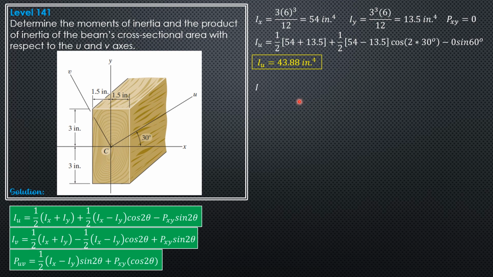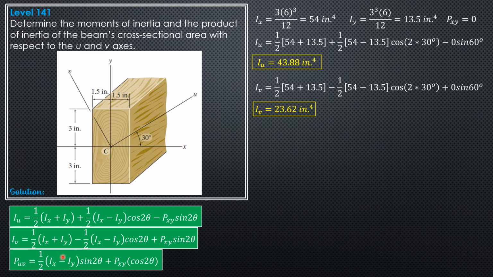I sub v is 1 half of quantity 54 plus 13.5 minus 1 half of quantity 54 minus 13.5 cosine of 2 times 30 degrees, then plus 0 sine of 2 times 30 degrees. So I sub v is equal to 23.62 inches to the fourth.